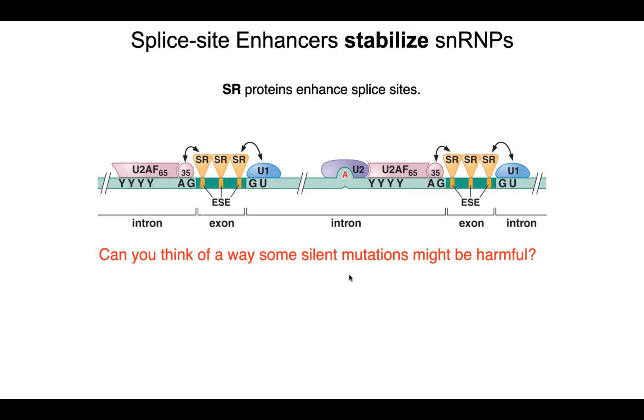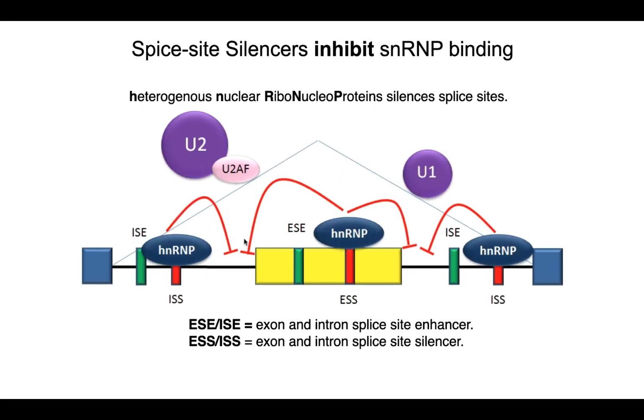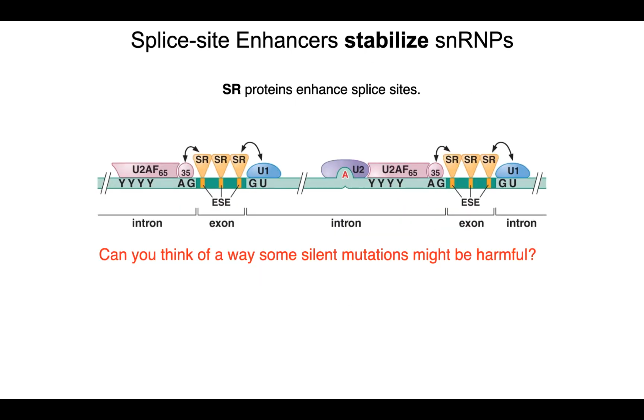And to these sequences are attracted these either SR proteins or these hnRNP proteins. So that means that now, even if we have a mutation that is a silent mutation, maybe in this little orange spot, when that mutation occurs, it doesn't change the amino acid that is encoded by it. So it doesn't change the structure of the protein.